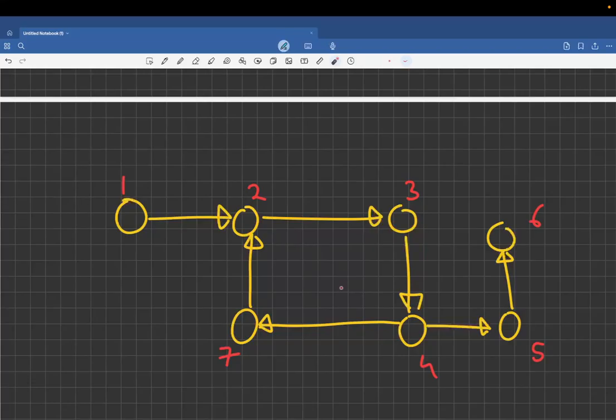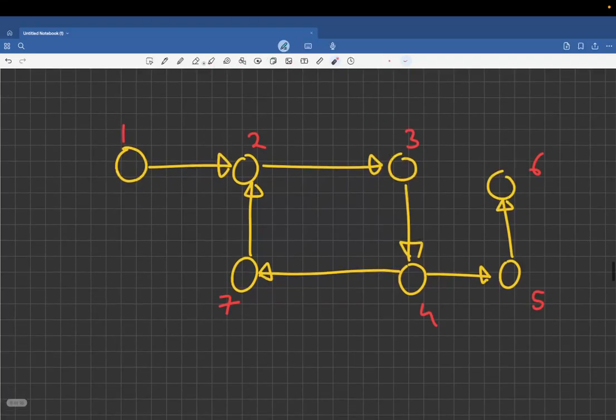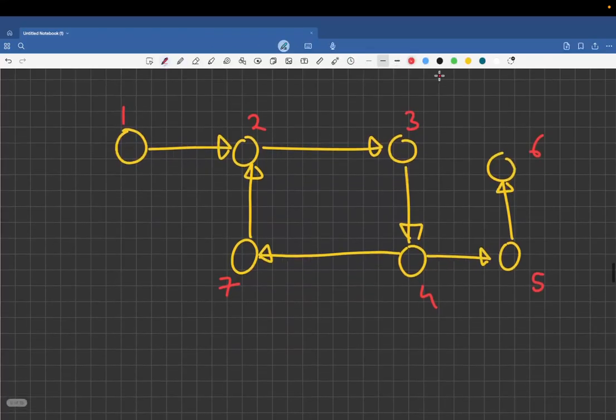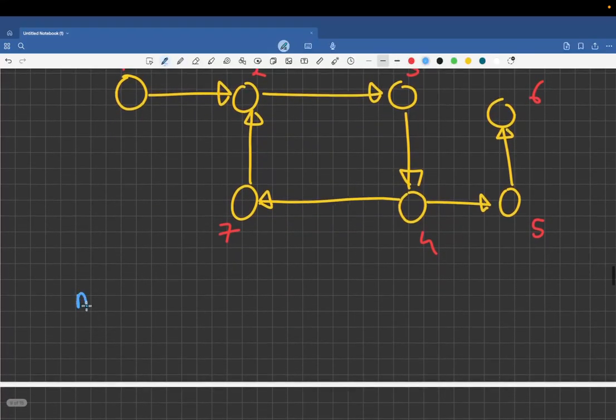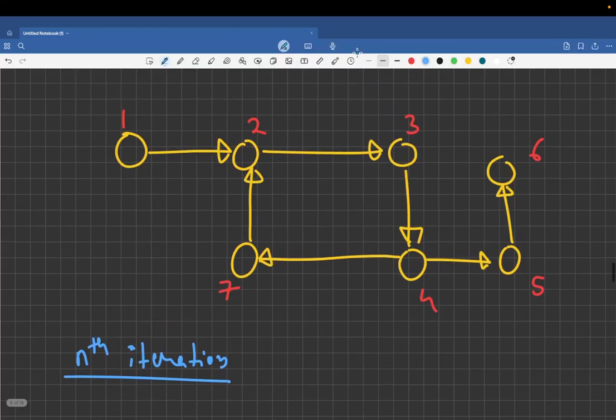I am relaxing the edges for n minus 1 iterations and seeing whether in the nth iteration as well I have relaxed my edges or not, right? And let's suppose I am also maintaining the parent. Let's suppose I completed the nth iteration and the last edge that I have relaxed is this. This is my last relaxed edge.